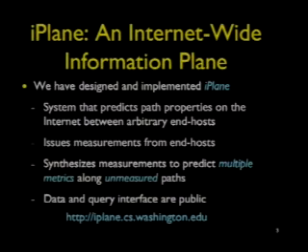Based on measurements from these vantage points, we predict path properties such as latency, loss rate, and bandwidth along paths that we have not even measured. Currently we have this system continually measuring the internet daily from several locations, and all this data that we gather is available online at this URL.